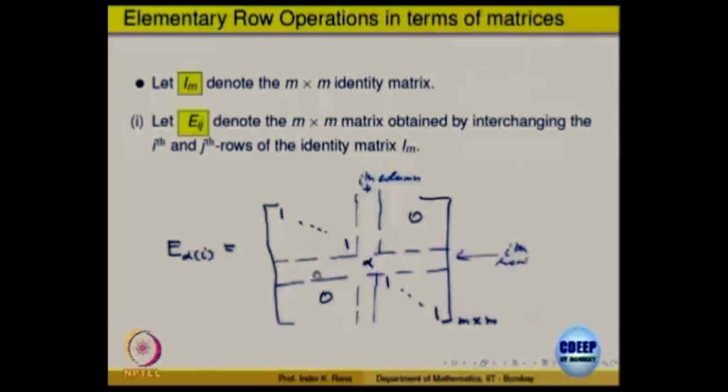Or if you want to multiply the ith row by a scalar alpha, then what you do? Take identity matrix, multiply its ith row by alpha, you will get the matrix E alpha I, right? So in the ith row, ith column, it was 1 in the identity, now I multiplied with alpha, right? So this is the second type of operation, E alpha I.